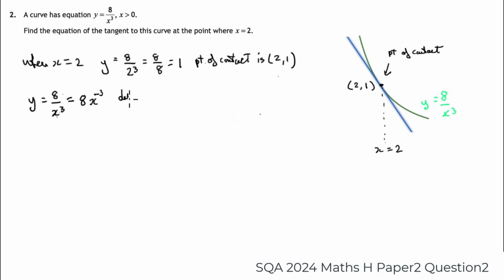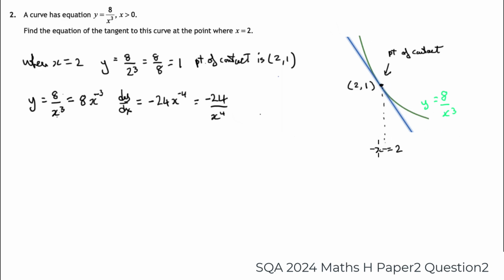That's in a state we can differentiate. So negative 3 times that 8, and take 1 away from that power. That's negative 4. And we'll reverse that procedure and put the x to the negative 4 down to the bottom, to become x to the positive 4. So there is an expression for the gradient at any point on this curve.